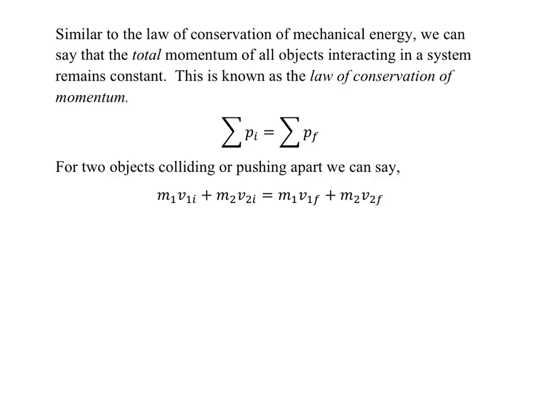Now, what if this object isn't moving to start, and only the first object is moving? What does that equation simplify to? What can I drop off? Stationary. Okay, this one is moving. What can I drop off automatically before the collision? Look at the equation.